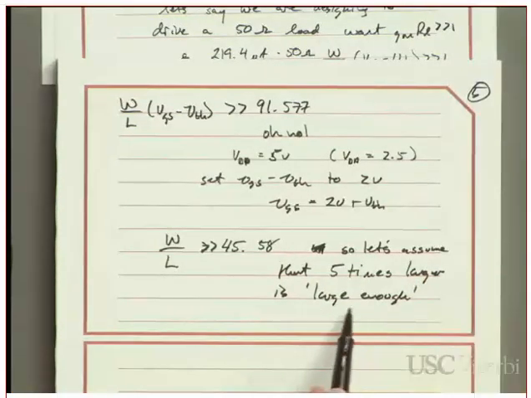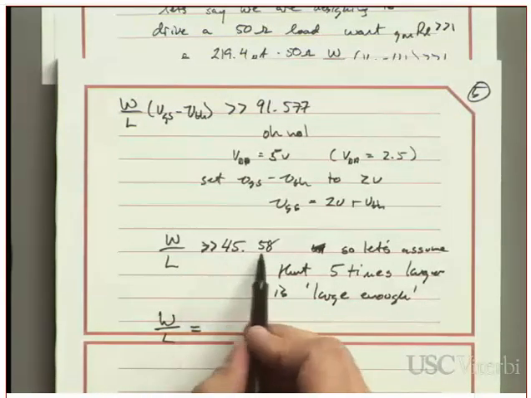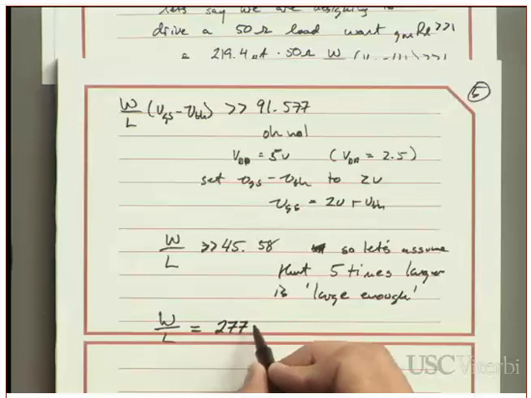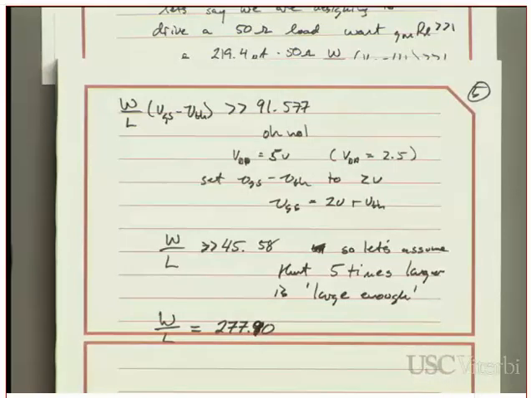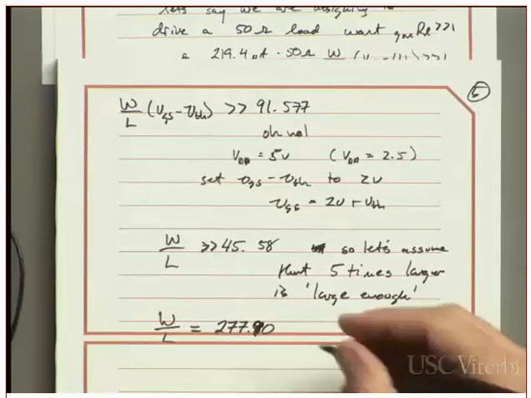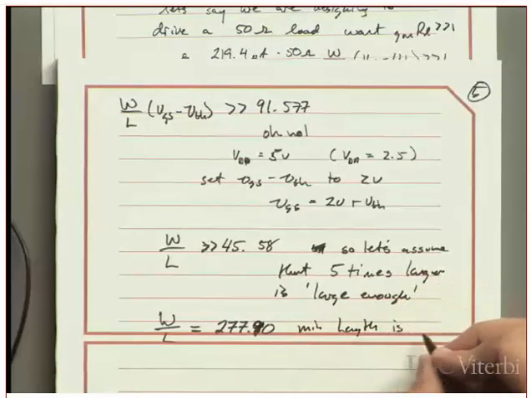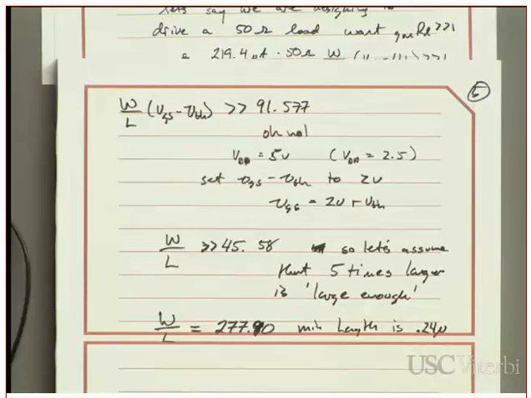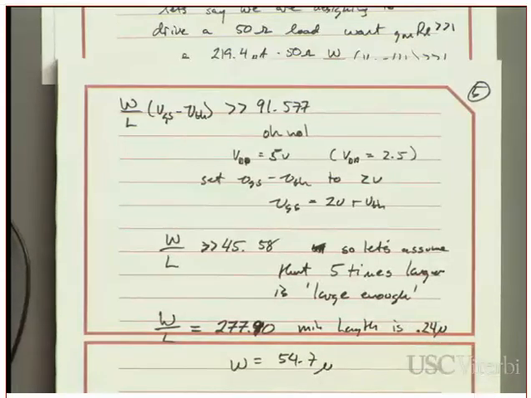So if I'm going to assume that this is large enough, then my width over length has to be 5 times this number, or about 277.90. And if my minimum length is, say, 240 nanometers, or 0.24 microns, then that makes my width equal to 54.7 microns, which is huge, right?